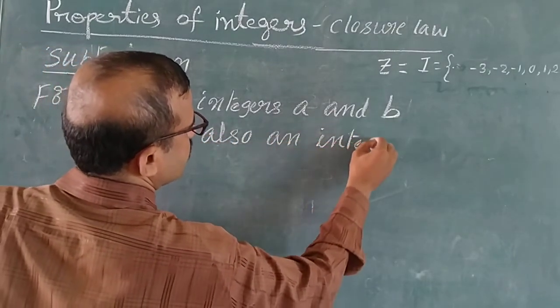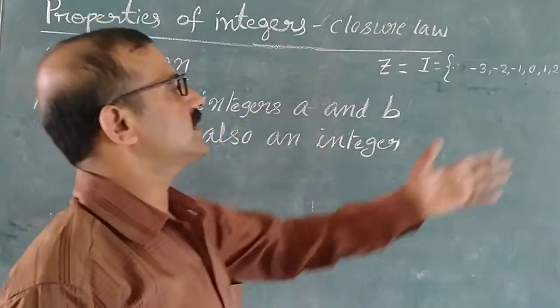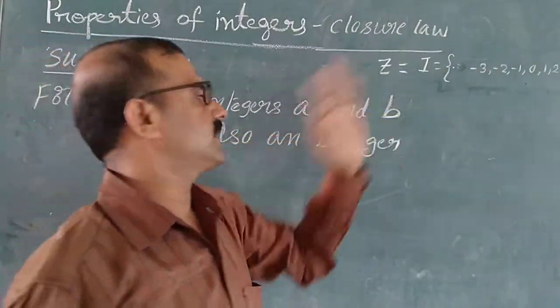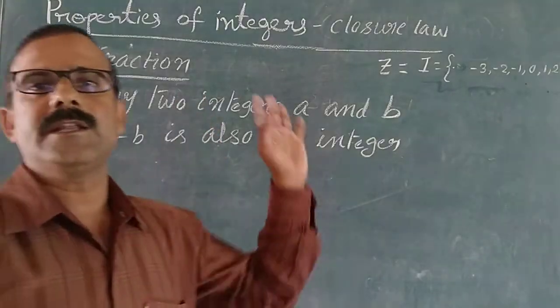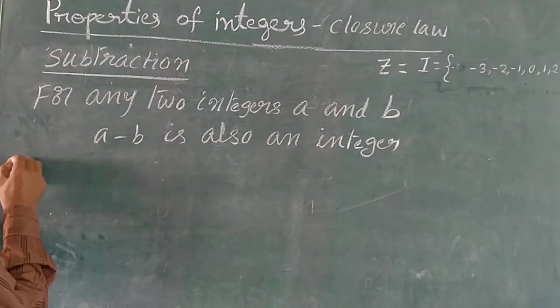A means maybe minus 3, minus 2, minus 1, 0, anyone. B means any one of these integers. Correct. So then A minus B is also an integer, that is a positive integer or negative integer. Okay, children? Right.